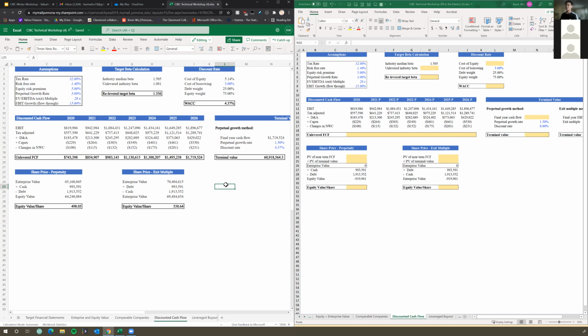But perhaps the most helpful way to think about it is we have this end thing called equity value, and it is a function of everything that we have here. Primarily a function of our discount rate, which we calculate using beta, our assumptions we have about the company, of which the perpetual growth rate and the revenue growth rate is the most important, and then also the terminal value.